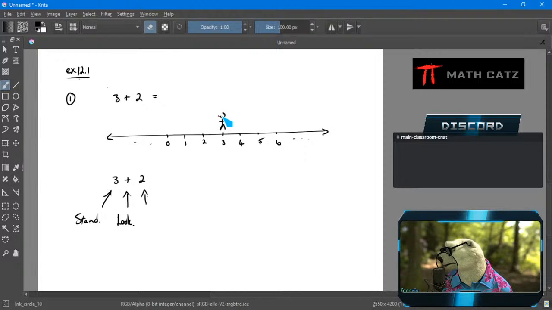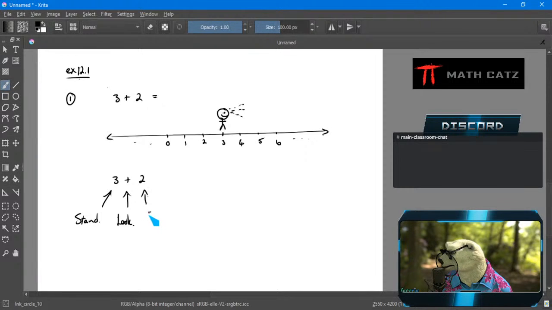I'm just going to give this guy a big bobblehead. Woo! So that I can see the way he looks, and I'll emphasize that with his vision lines. I'm looking to the bigger side because adding wants to, in a very, very basic sense, make more. I want to add, I want to have more. So I'm ready to make more.